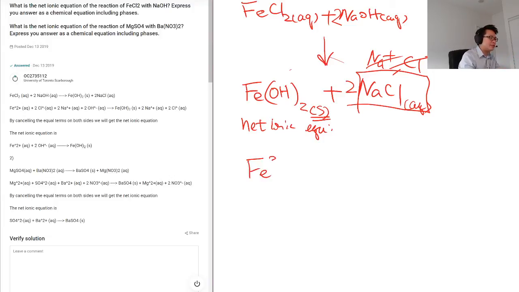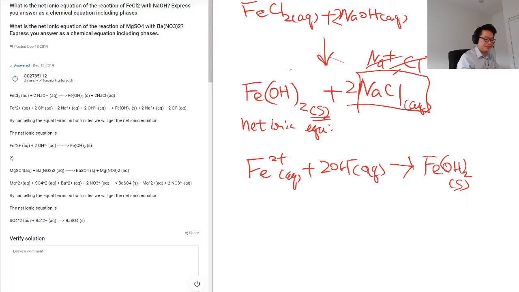So we only have to show the ions that actually take part in the reaction, and then we will have a solid. Exactly the same as on the left. Either way will be correct. It's up to you, pick one.